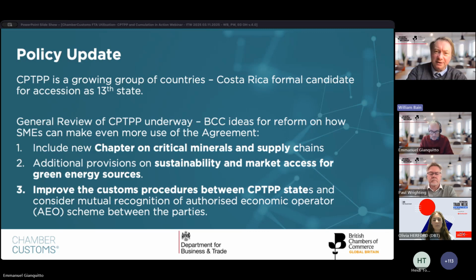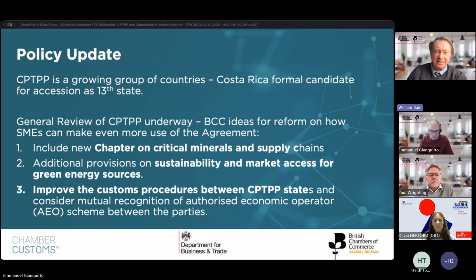CPTPP is a key market in one of the fastest growing parts of the world, both in terms of general economic growth, but also demand for imports. The 12 countries which make up CPTPP constitute around 15% of global growth. If one looks at some of the members within the group, those trends are going to increase only further.